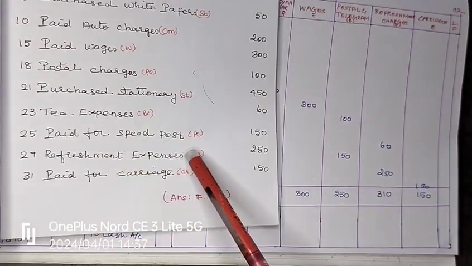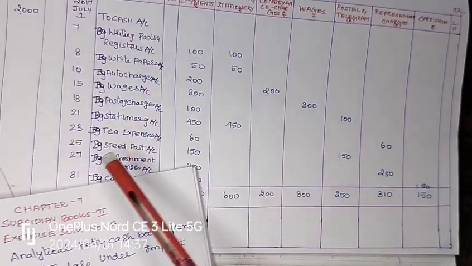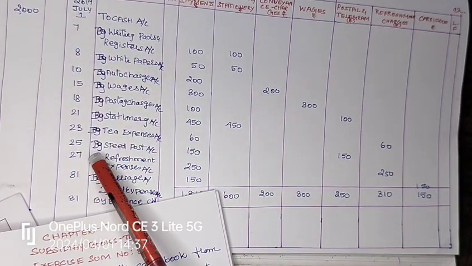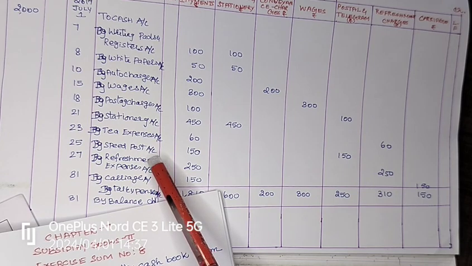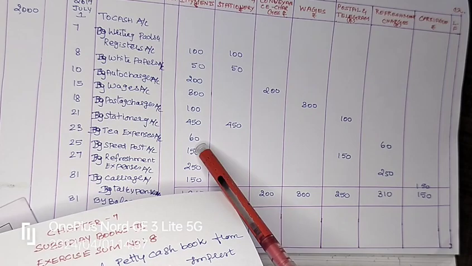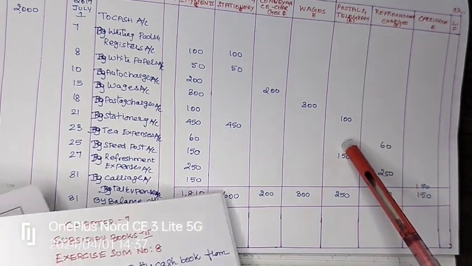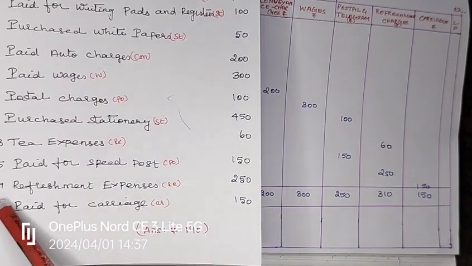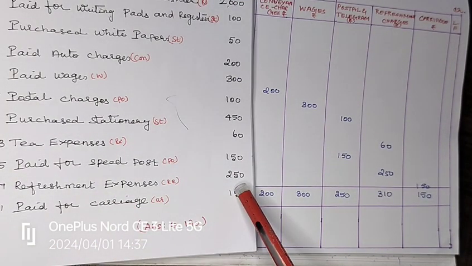Paid for speed post rupees 150, dated on 25. So on 25, by speed post account 150 rupees entered in the total payment column, and 150 rupees also we entered in the postal and telegram column. Dated on 27, refreshment expenses 250 rupees.